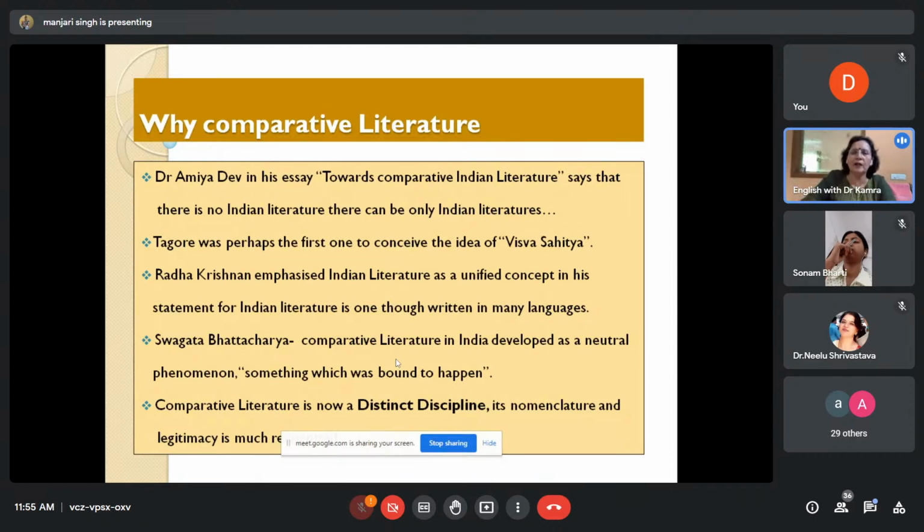For example, Rabindranath Tagore was there when he wrote Gitanjali, or when he wrote Fragmented Memories. Now, I'll tell you about the story of Fragmented Memories, but first I complete this. The influence is there. You need to have a source, a text, a producer. The producer may be a voice, or it may be in the form of words. So it's not that it always has to be in the oral form.